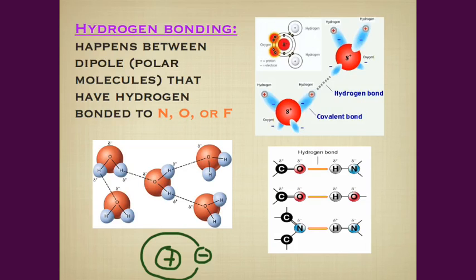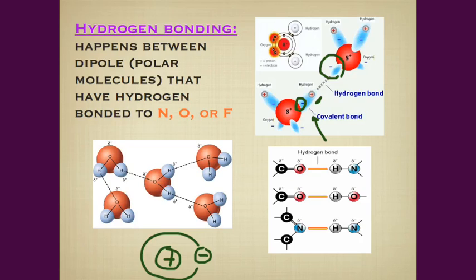So in a polar bond, like for example shown right here, the electron that the hydrogen has is being pulled toward, in this case, the oxygen, and that leaves a totally exposed proton here. And that allows another, for example, water molecule to get very close to that. And the negative charge of that oxygen becomes attracted to the positive charge of the exposed proton in the hydrogen.